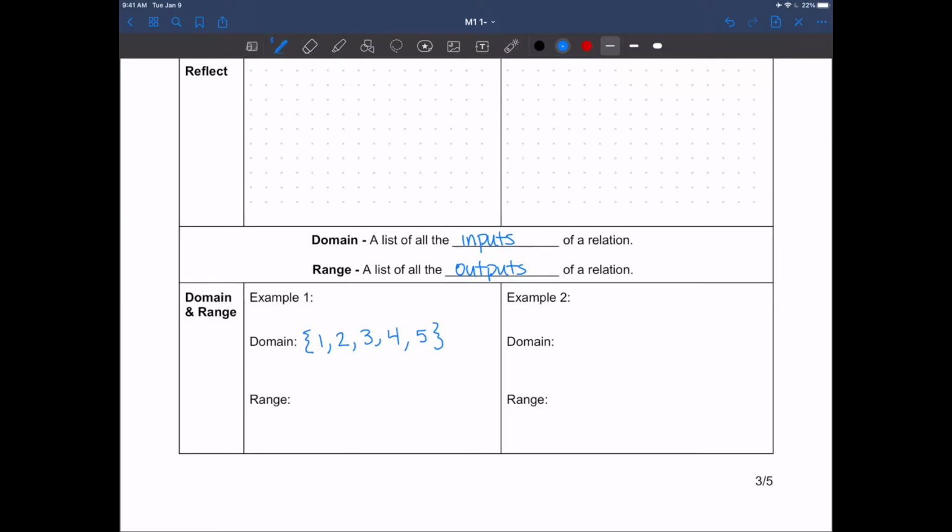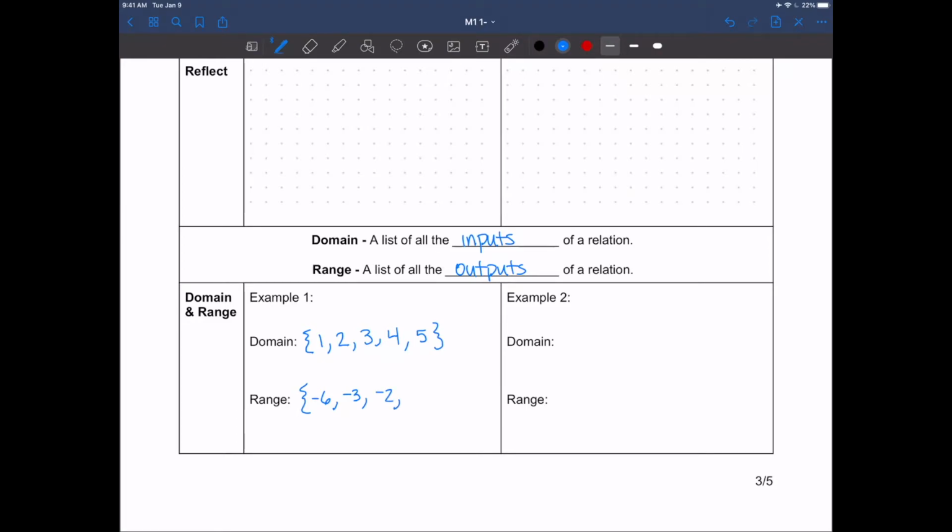All right, for the range of example 1, I'm going to try to go in order, but even if you don't go in order, that's fine. So the lowest output was -6, and then we had -3, then we had -2.